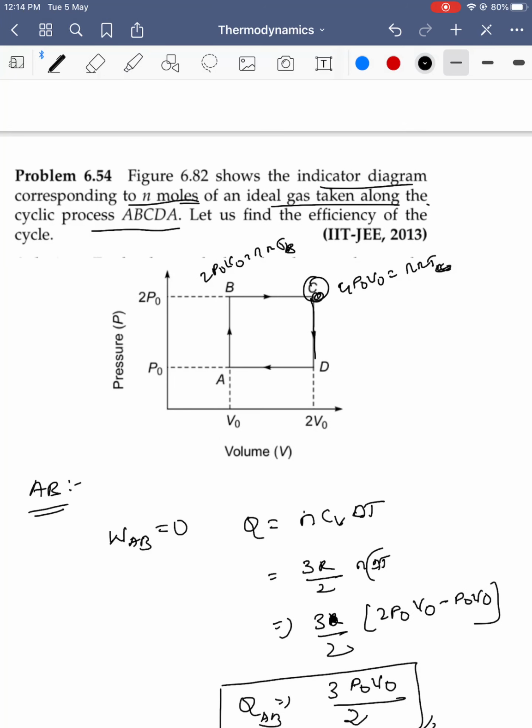This is an isochoric process, work done in CD is equal to 0.